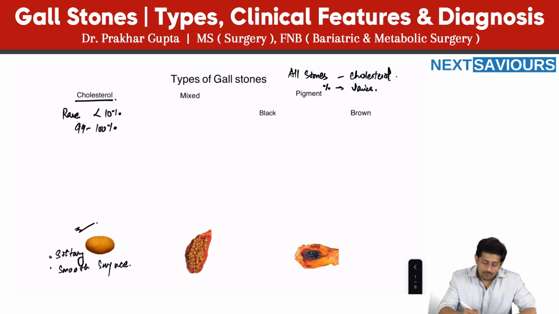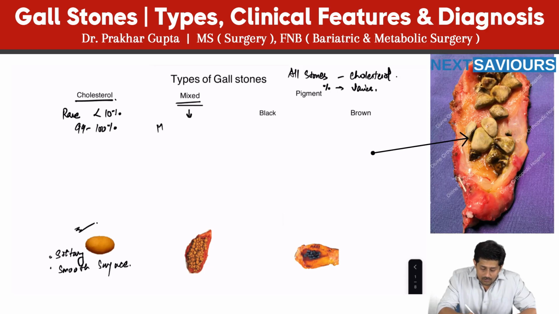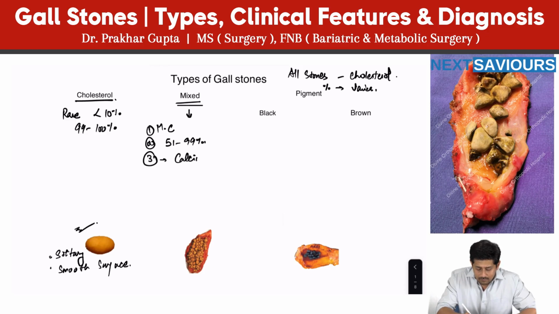Okay. Now coming on to another variety of stone, that is the mixed stone. Now these mixed stones are actually the most commonly found variety of gallstones throughout the world. The amount of cholesterol in these kinds of stones is approximately 51 to 99%, and the other component being calcium salts.